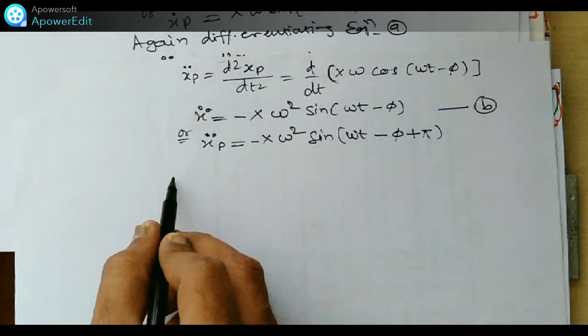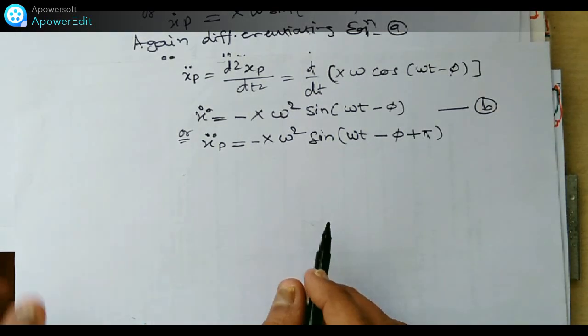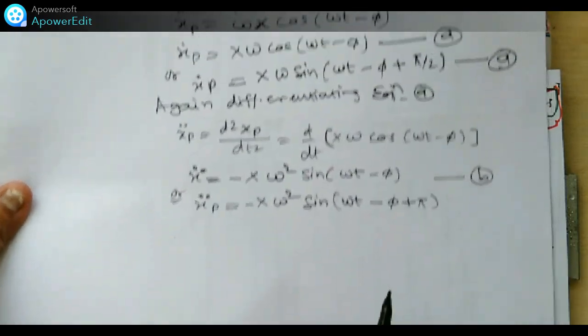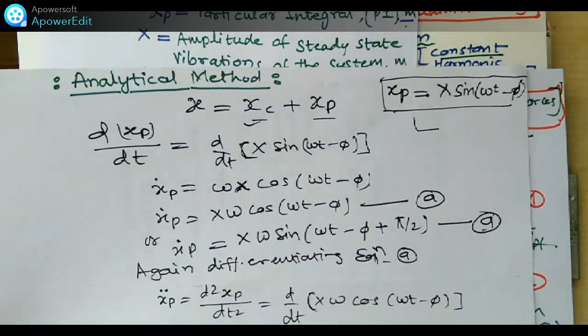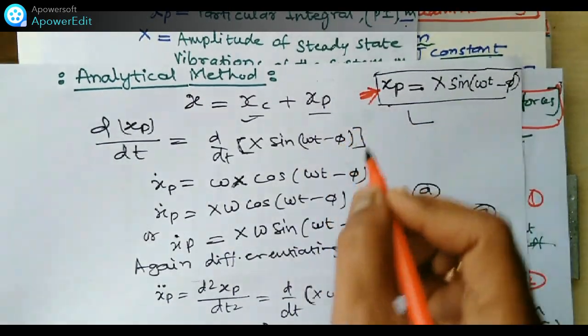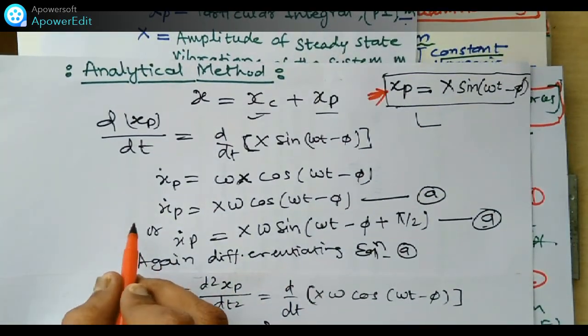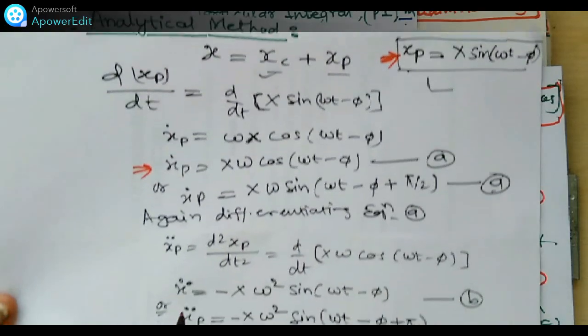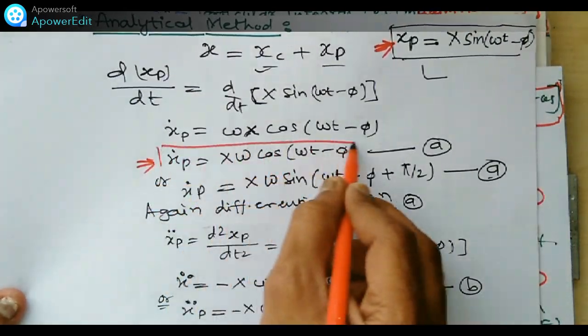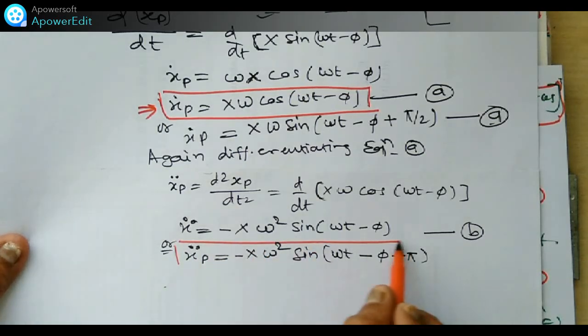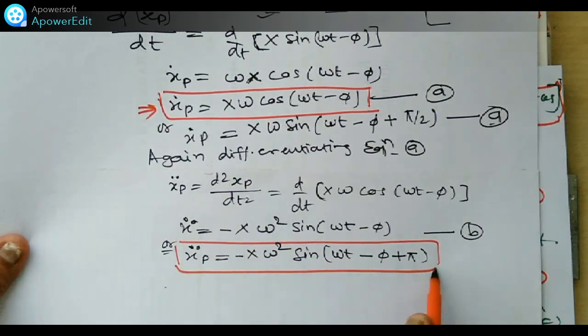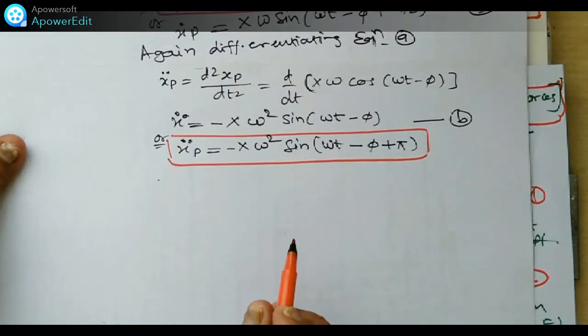Substituting this value of xp, we have already written the value of xp here. I'll show you: this is xp, this is x dot p, and this is x double dot p.